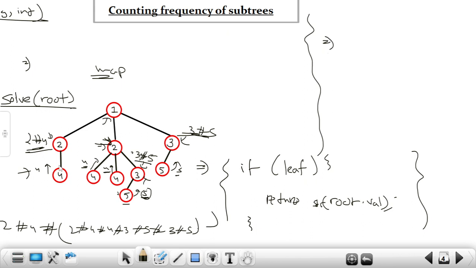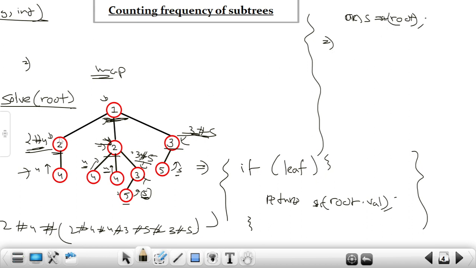And that is, we have figured out that for calculating the answer for any node, we just need to combine the answers for all the children, right? So initially my answer, let's say this is the return value, will be like this root, right? As I have 1 for this, and then I'm combining, so I will initialize with the root, which is in the string form, right? Now I have the root.